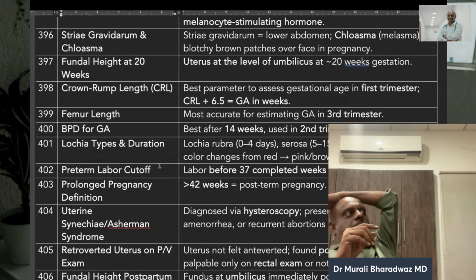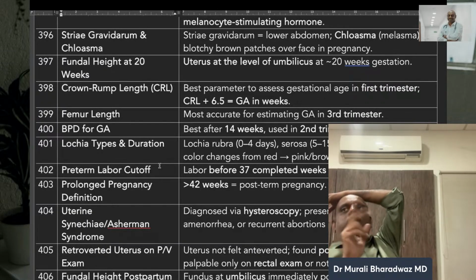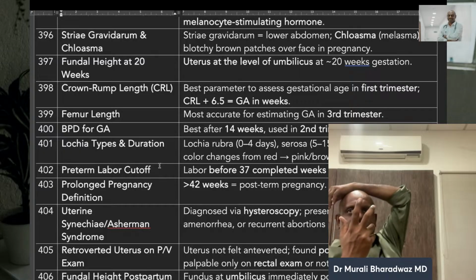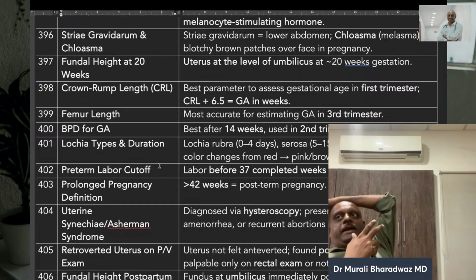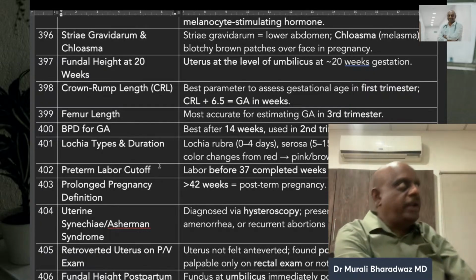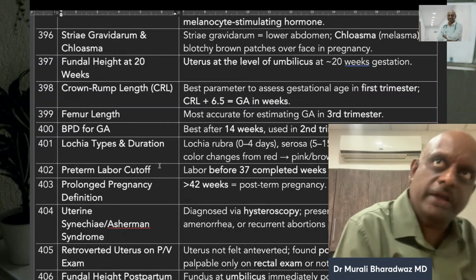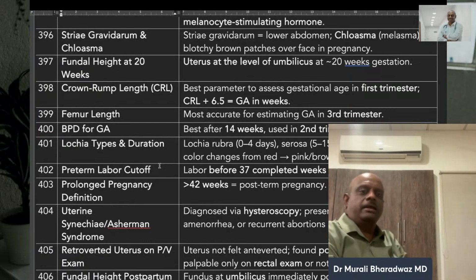In the second trimester, what is the best way to assess the fetal gestational age? BPD, biparietal diameter, is the best one. Since when? After 14 weeks, it is used in second trimester, right?